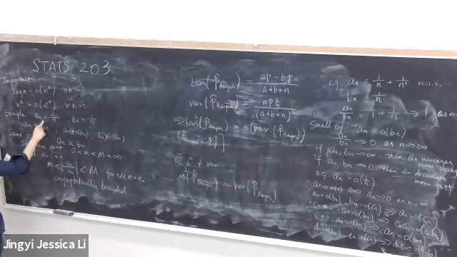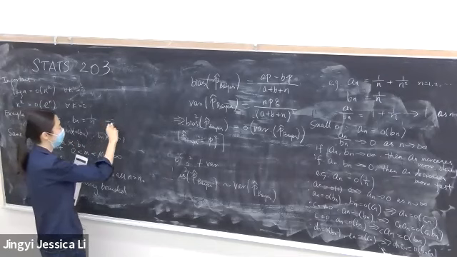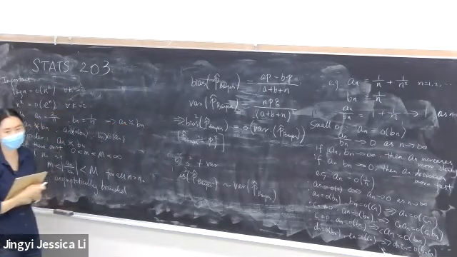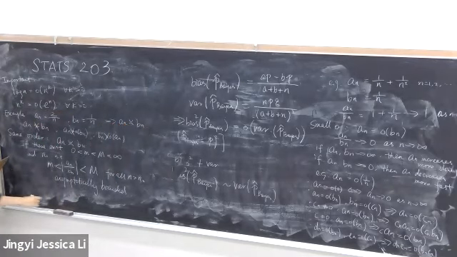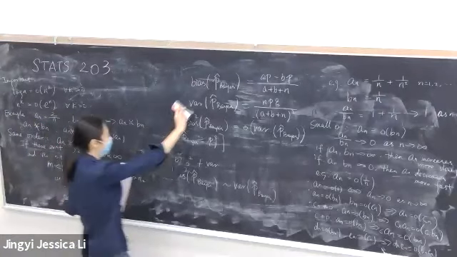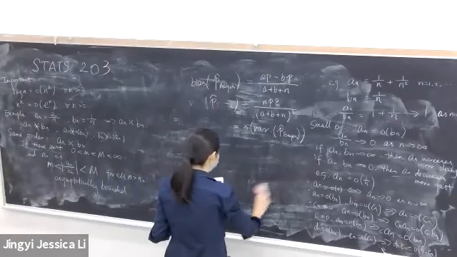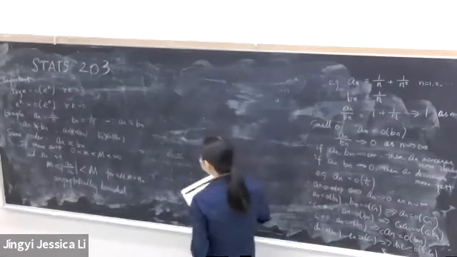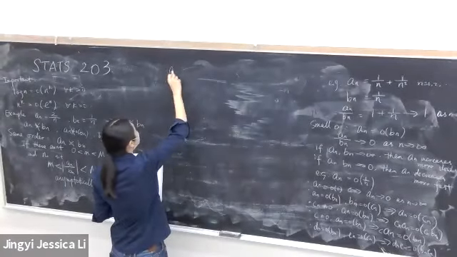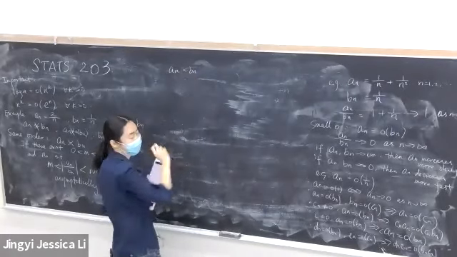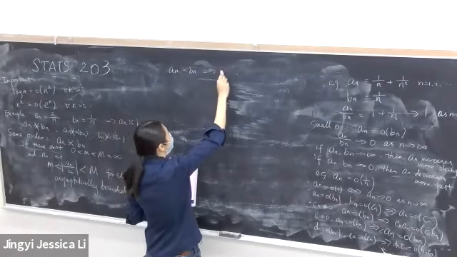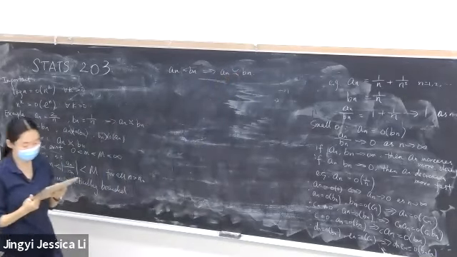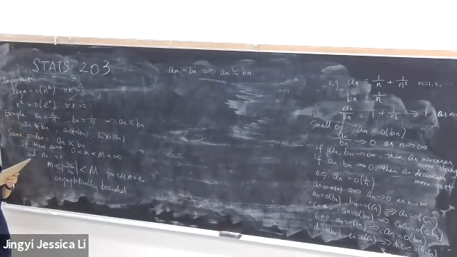So we can say a_n and b_n are of the same order, even though they're not asymptotically equivalent. And if a_n and b_n are asymptotically equivalent, then they must be of the same order. So asymptotic equivalence is stronger than the same order.